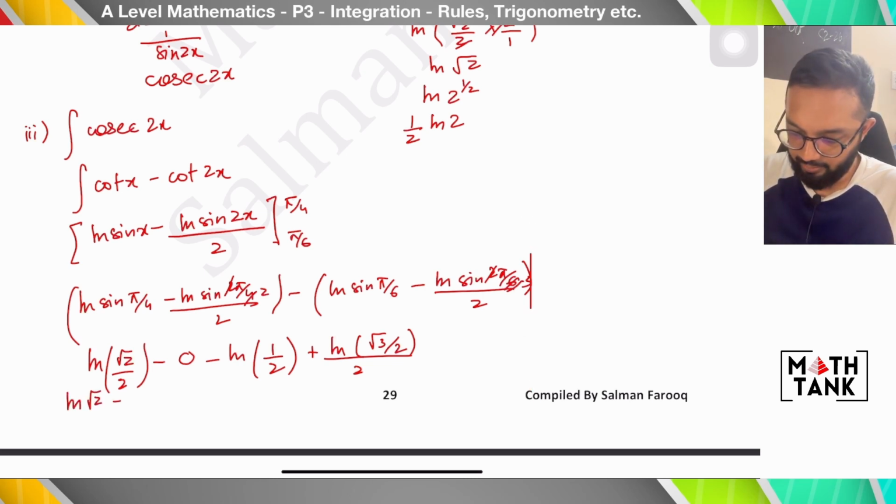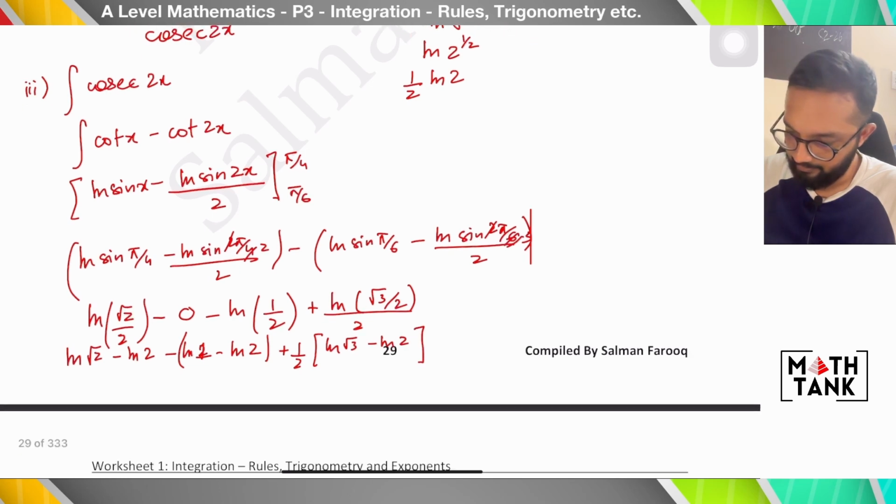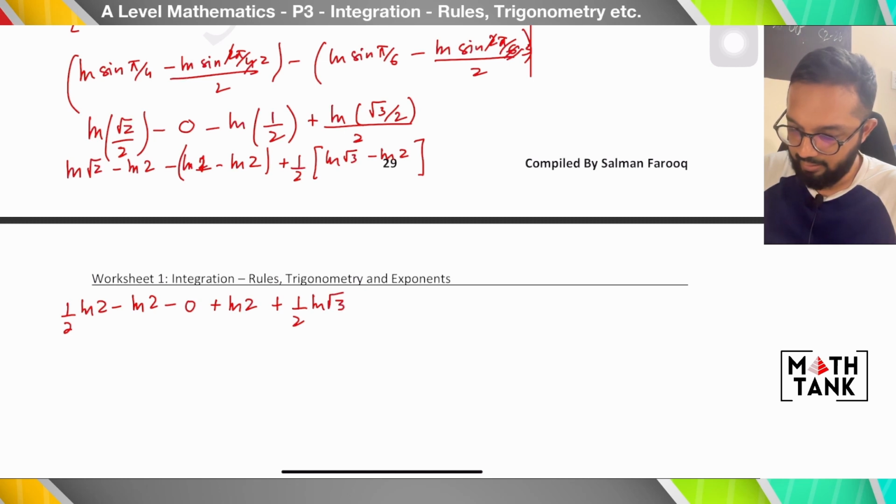Ln root 2 minus ln 2, the 0 is useless. This becomes minus ln 1, and since minus ln 1 minus ln 2, and this becomes half ln root 3 minus ln 2. Solving this further gives me half ln 2 minus ln 2 minus 0 plus ln 2 plus half ln root 3 minus half ln 2.